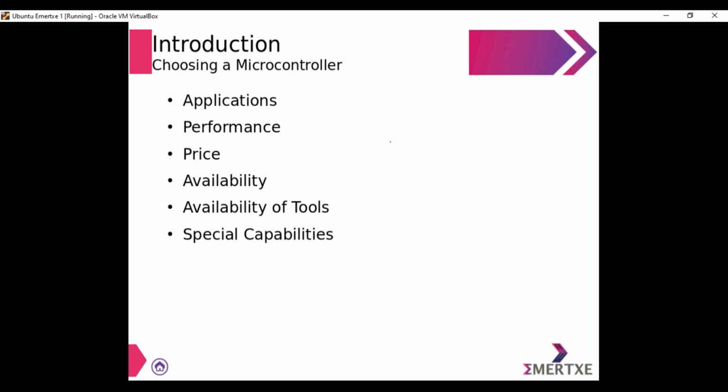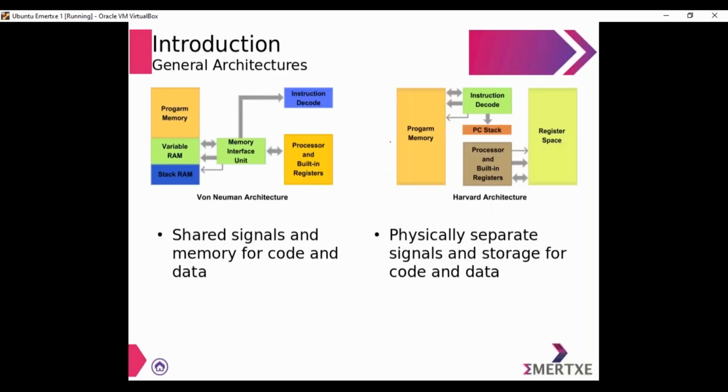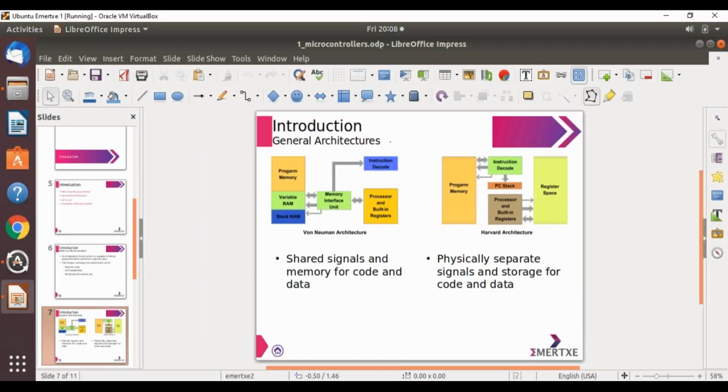Now, all of these things will generally be taken care of by your manager if you are working in a good firm. But if you are in a startup where you are the one to decide which microcontroller to select, then you will have to consider all of these factors. So that is the introduction to microcontrollers, a small topic.